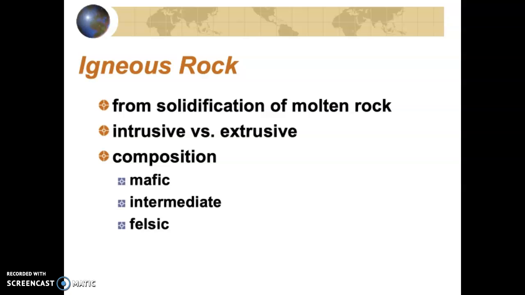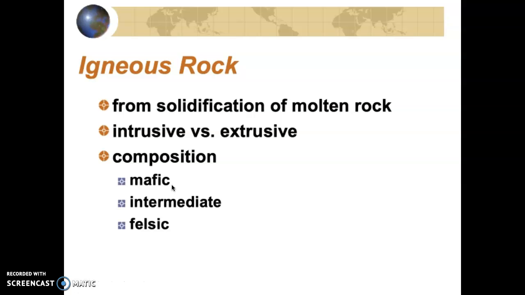So once we've split them into where they cooled, we also look at their composition. And these are really broad compositional groups. If you were to study to become a geologist, it becomes much more specific than this. But mafic, intermediate, and felsic are based on the group of minerals that are present in the rock. The mafic minerals, and all these minerals have a lot of silicon and oxygen.